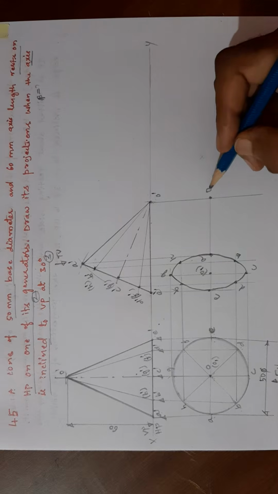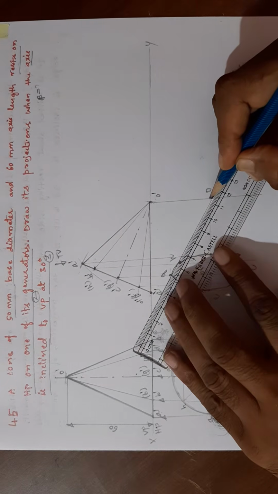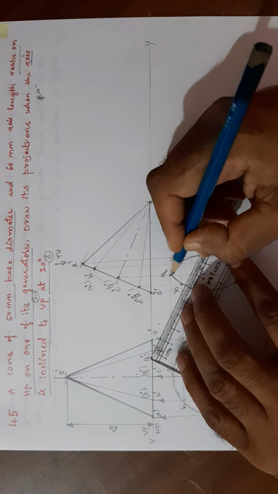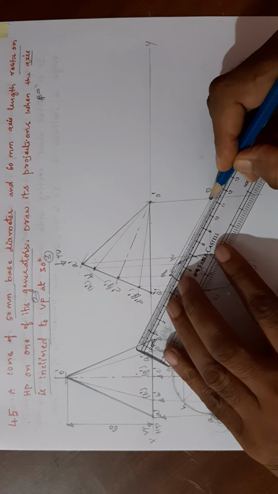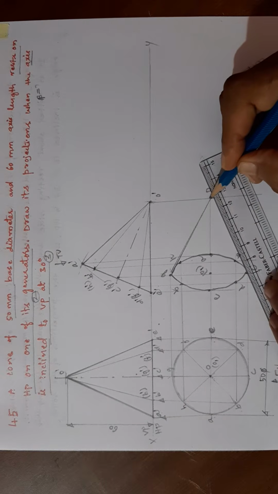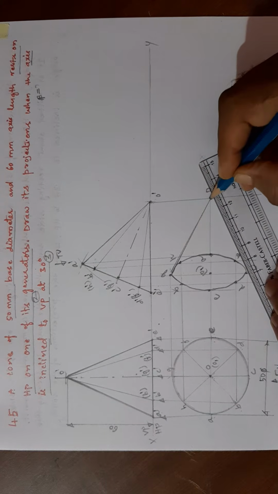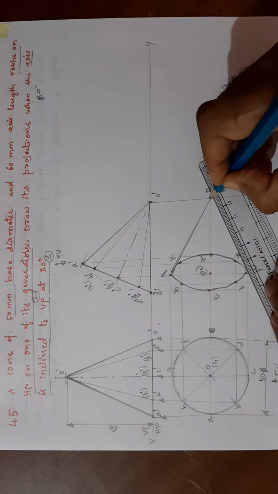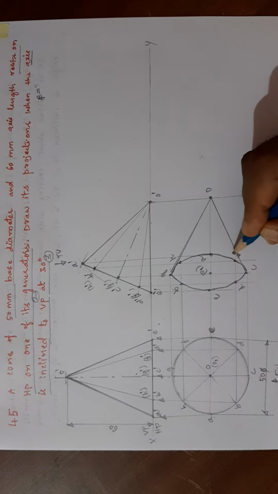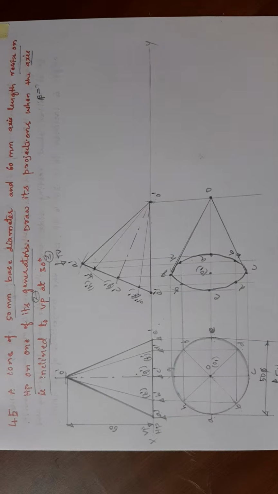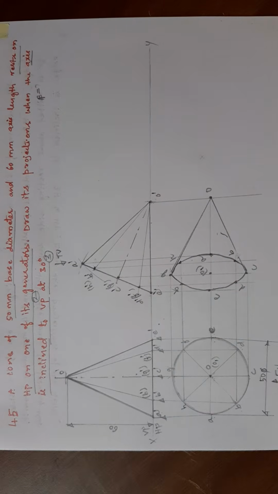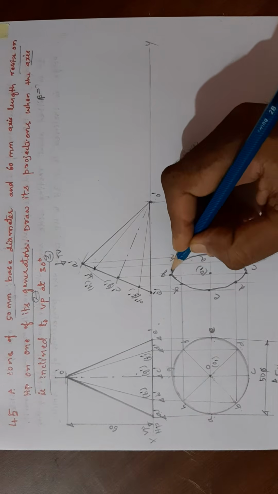Then draw from O tangent to the ellipse. Here also tangent to the ellipse. Now this point is B. Tangent to the ellipse you have to draw.